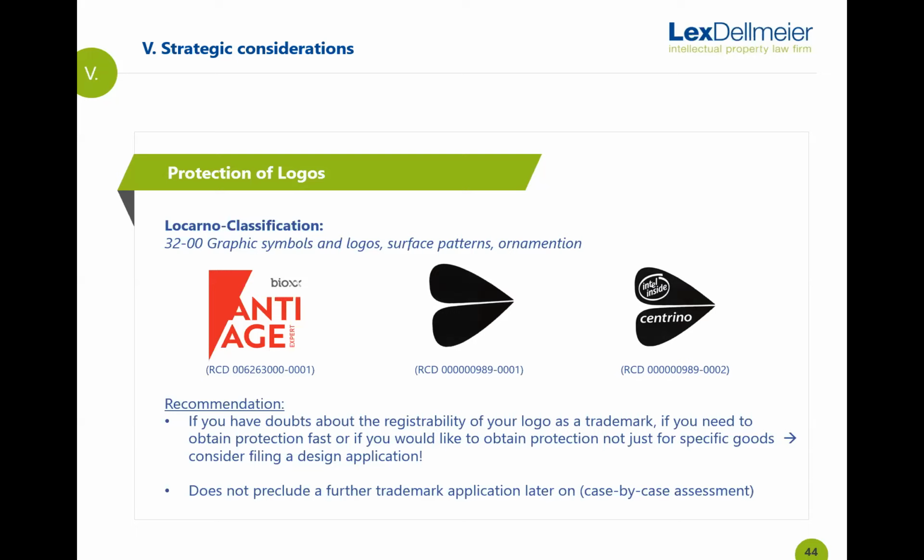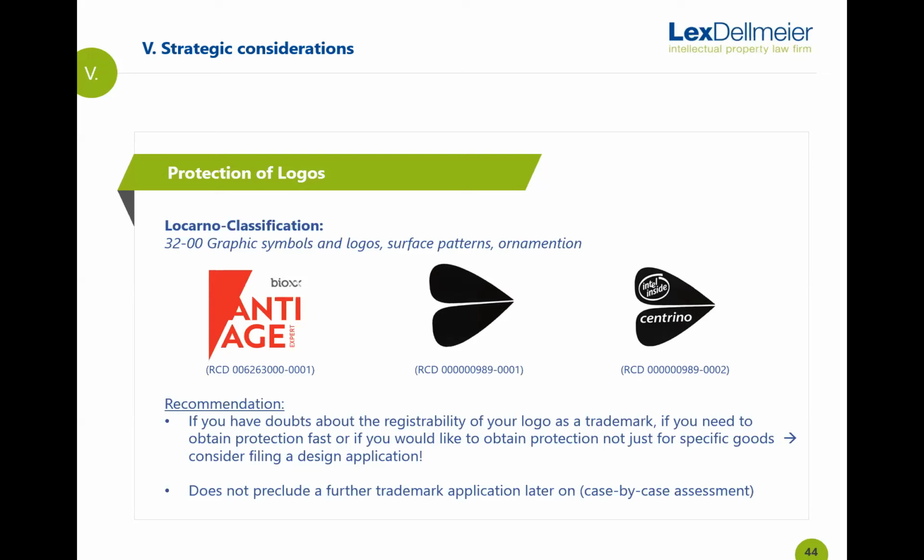Or if you need to obtain protection really fast. When you have registered rights, you can record them with customs authorities, and they can actually stop merchandise where the mark or the design, here the graphic symbol, is on the boxes and on the packaging. So you will have quite a bit of leverage there.